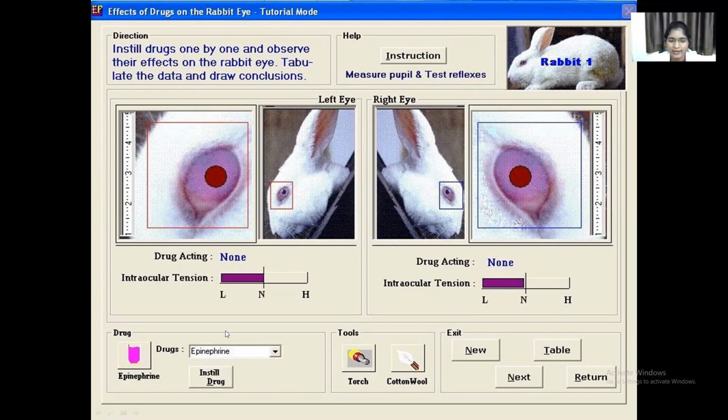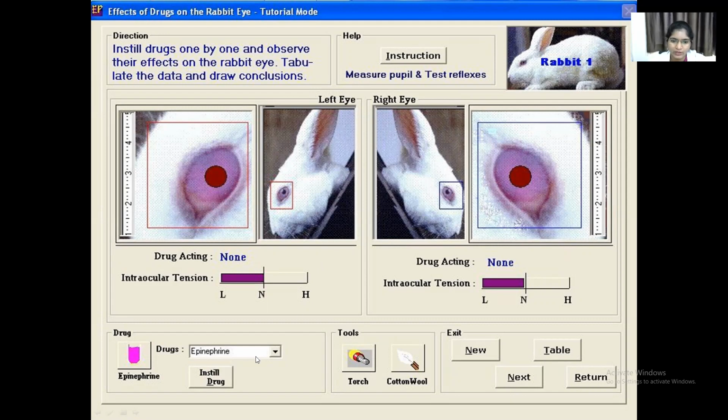Then you have to select which eye to instill. As I told, the left eye serves as a control. Always the left eye serves as a control and the right eye is the test eye.